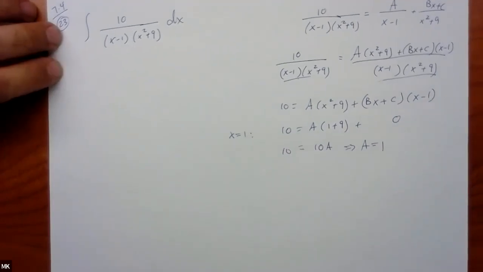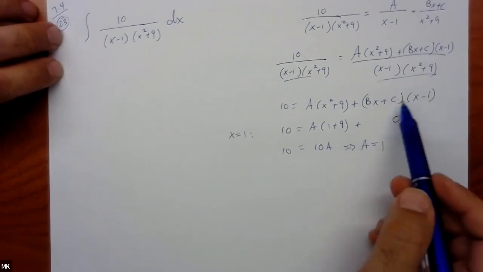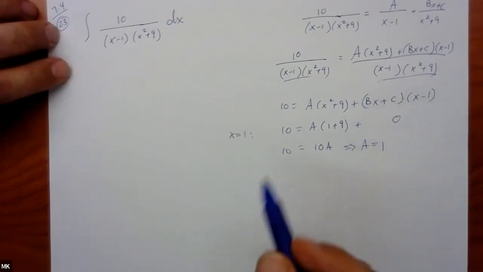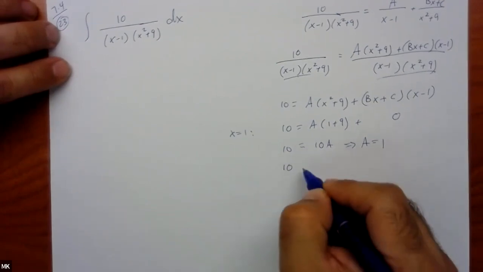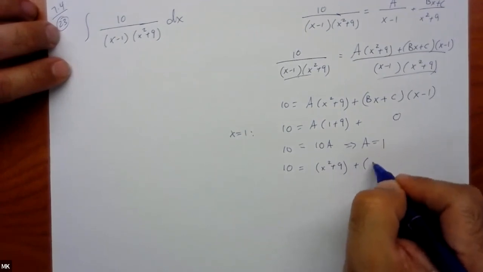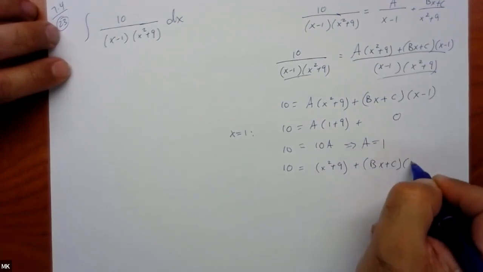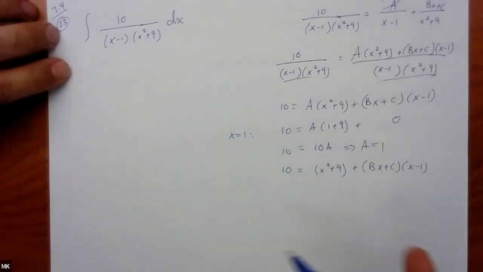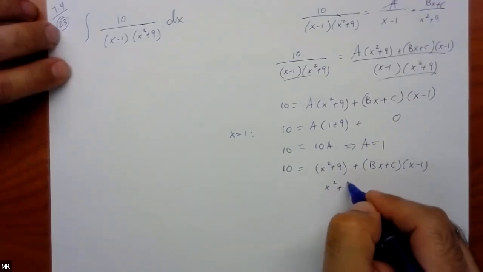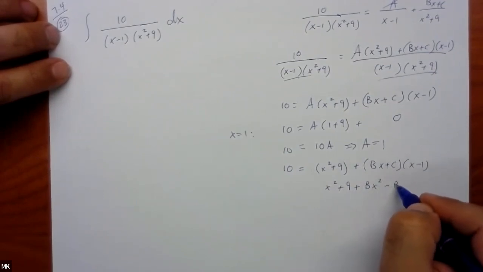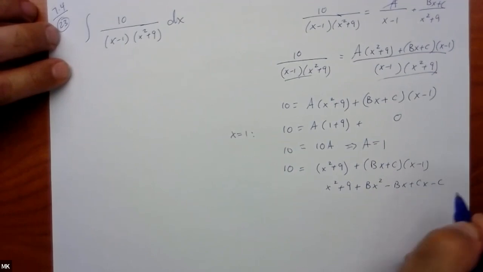So now I found my a. And guess what I'm going to do? I'm not going to pick another number, although I could pick like 2 or 0 or whatever, and set up to figure out what my c and b are. Or now that I know a is 1, 10 is a times x squared plus 9 plus bx plus c times x minus 1. Then I can just distribute: x squared plus 9 plus bx squared minus bx plus cx minus c.